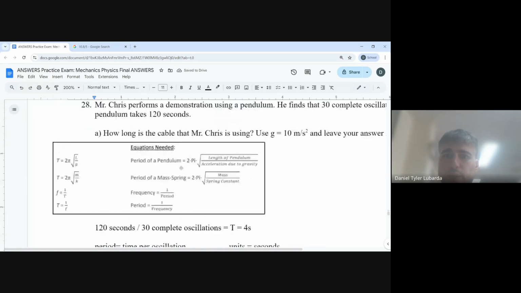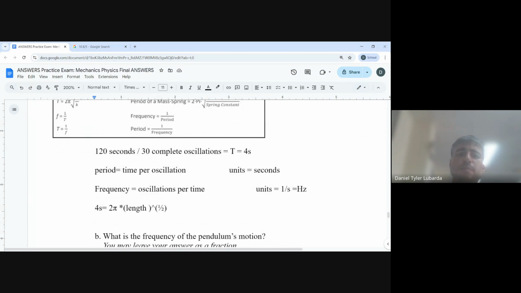But we do know the acceleration of gravity is going to be 10 meters per second squared. And you'll notice that our length is going to be in meters in the end.